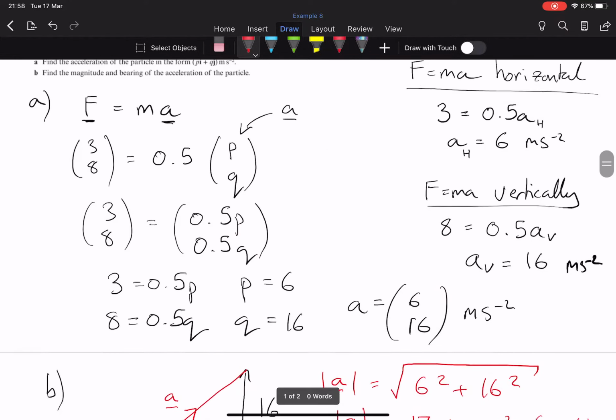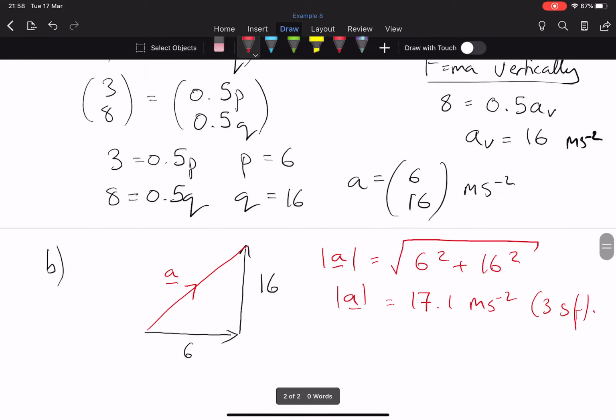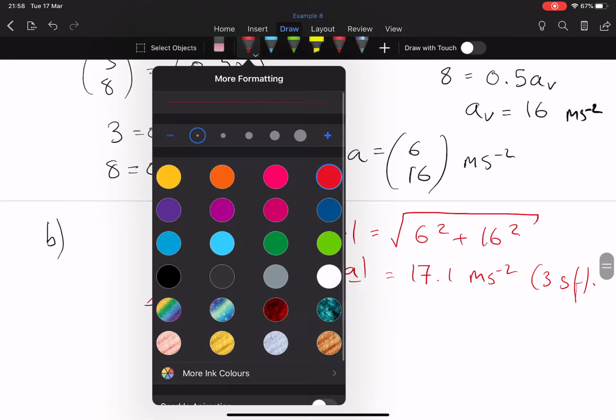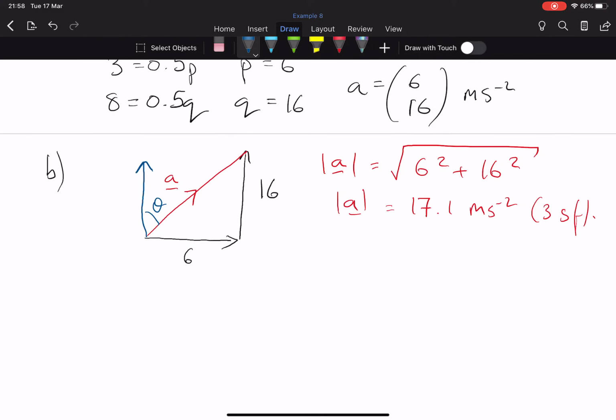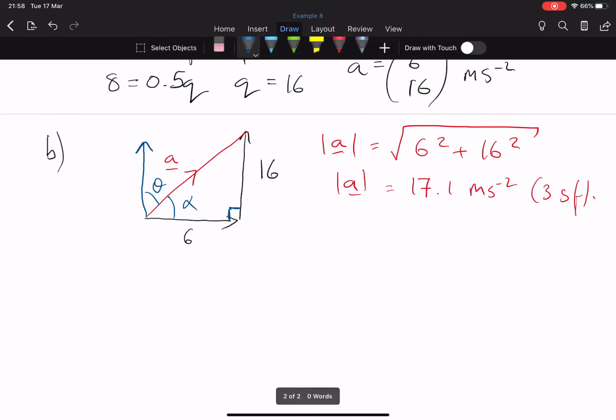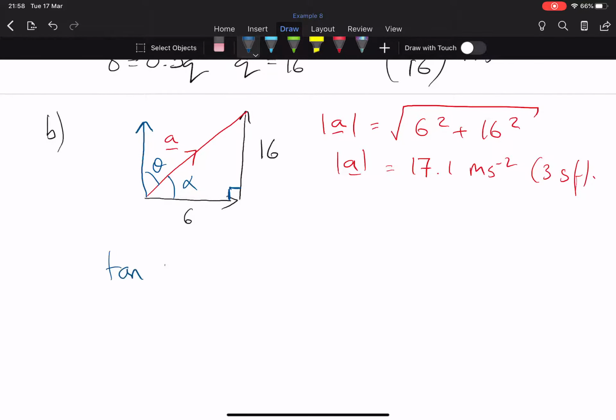Now we're also asked to find out what the bearing of the acceleration vector is. Bearing is the angle measured from north, or measured from the j direction. So we want to work out that angle theta. Let's work out that angle alpha first, because we've already got a right angle triangle here. So tan alpha is equal to opposite over adjacent, 16 over 6. So alpha is equal to inverse tan of 16 over 6.